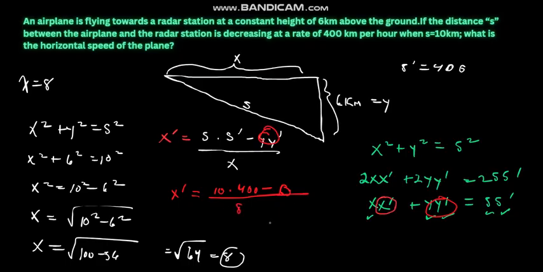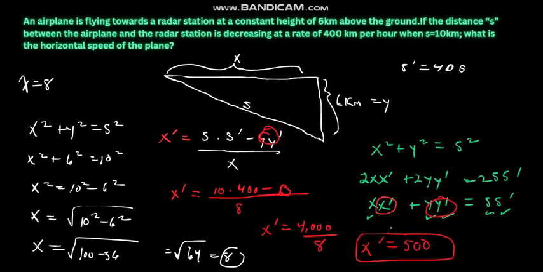So that's going to be equal to 4,000 divided by 8. 8 times 5 is 40, 8 times 50 is 400. So I guess x prime is equal to 500. Alright guys, hope that helps. This is the method of related rates. I've used implicit differentiation.